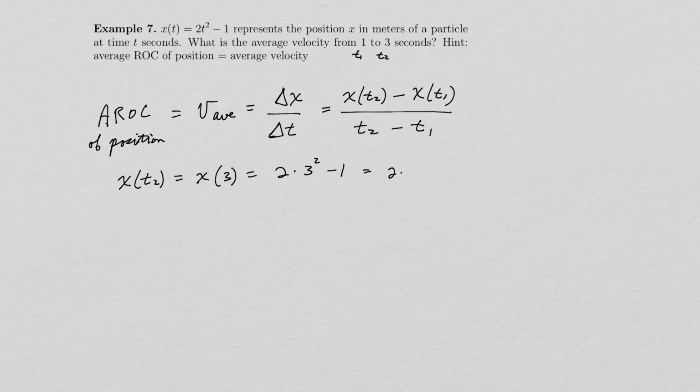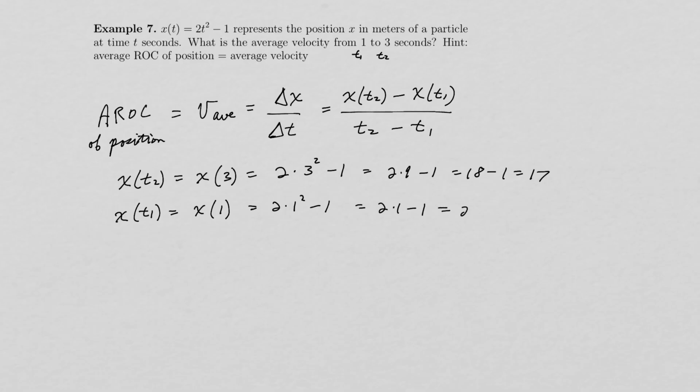So this is 2 times 9 minus 1, so 18 minus 1, which is 17. And then x of t1 is x evaluated at time 1 second. So now I plug in a 1. And that's just going to be 2 times 1 minus 1, which is 2 minus 1, which is just 1.